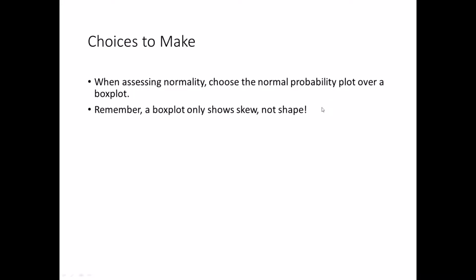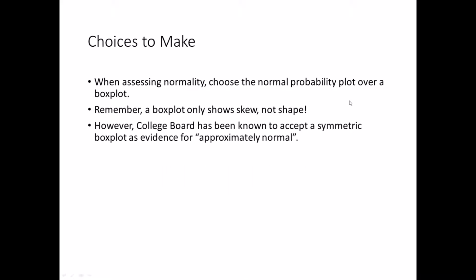Now, having defended the normal probability plot and pretty much thrown out a box plot, you're not going to like this next bulleted point. College Board, we discovered, if we have to verify normality of our sample, then they accept a box plot, a symmetric box plot, as evidence for approximately normal.